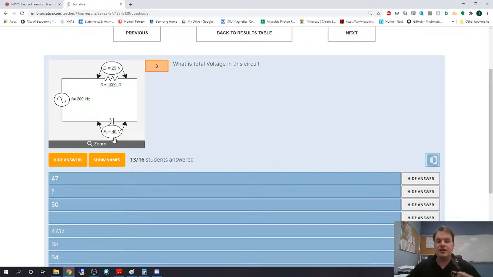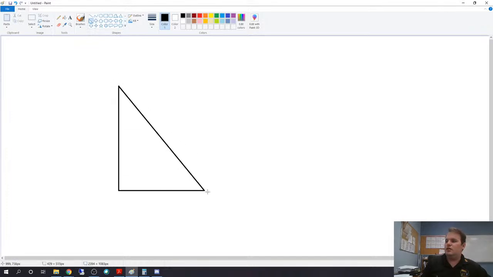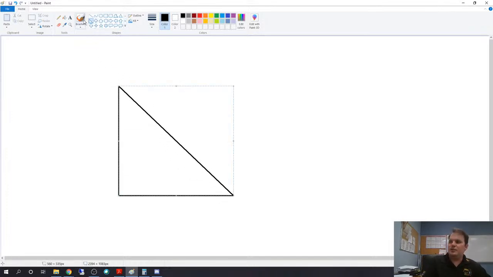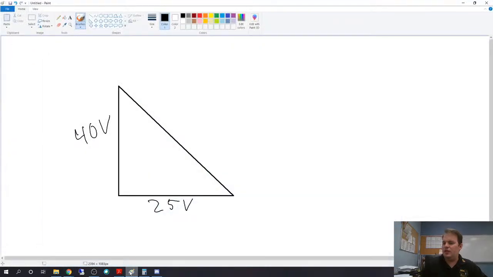They're 90 degrees out of phase, so you put them on a triangle. Like so. So we had 25 volts and 40 volts. They're 90 degrees out of phase with each other.